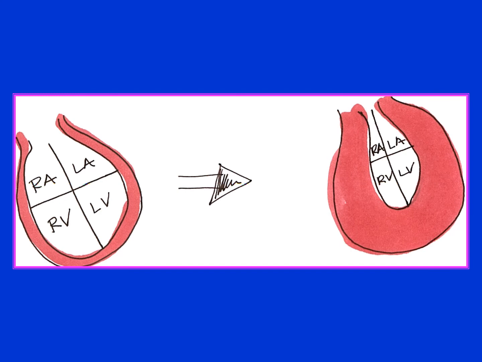In addition, the heart itself has a high pressure and a low pressure side. The right side of the heart is a low pressure side. The blood comes in from the venous system and is pushed through in a low pressure way to the lungs where it's aerated. The left side of the heart, on the other hand, is a very high pressure system because it's pushing the oxygenated blood out against the full systemic resistance.